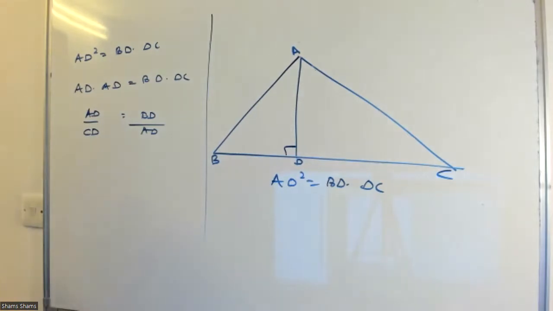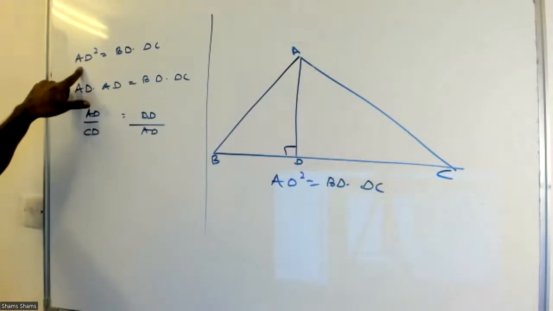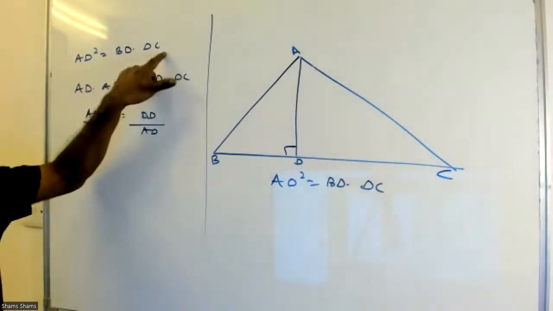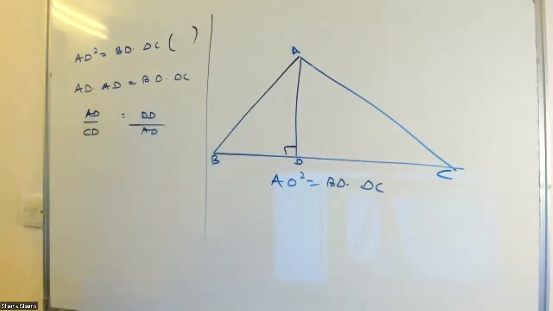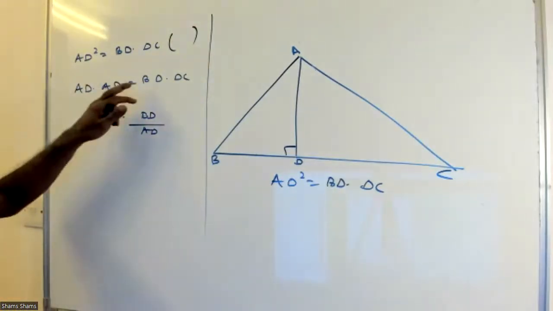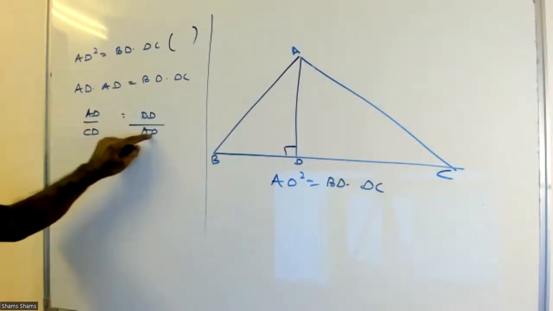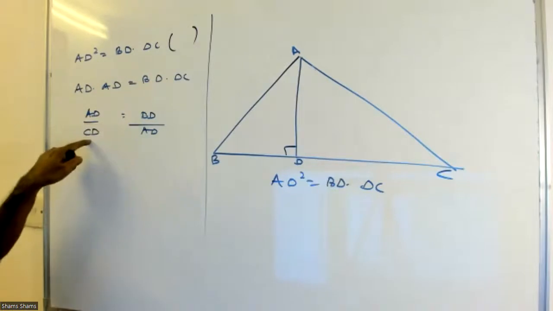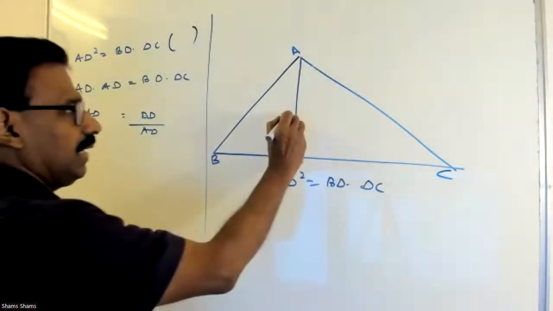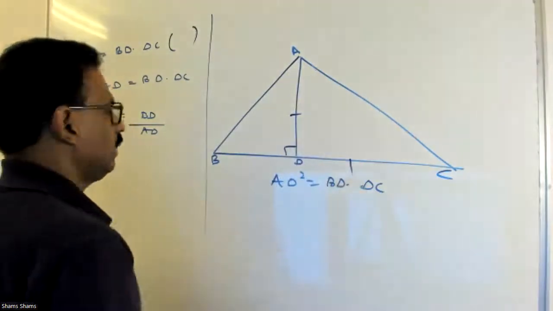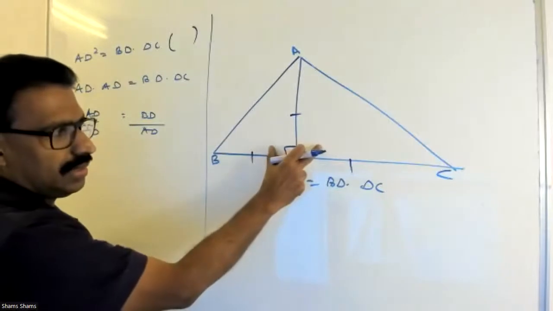Hello, everyone check. Is this correct or not? Listen. Given AD square equals BD into DC. I wrote AD square as AD into AD equals BD into DC. Then I wrote AD here, CD here, BD here. Now look at the figure. AD by CD equals BD by AD, and the angle in between is 90.